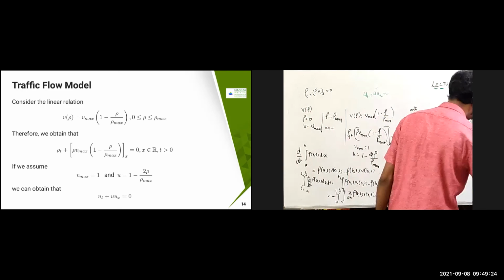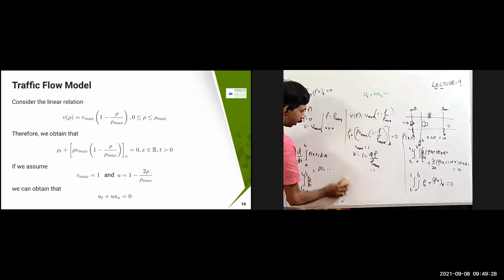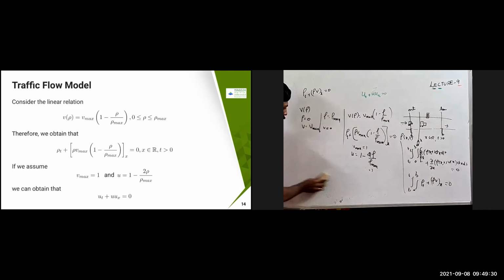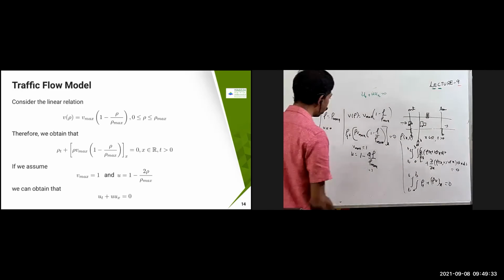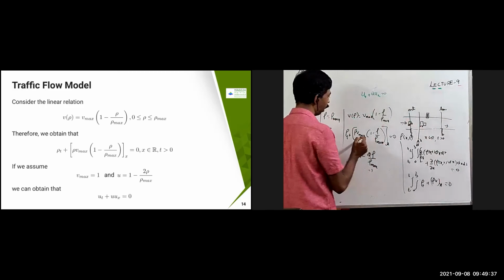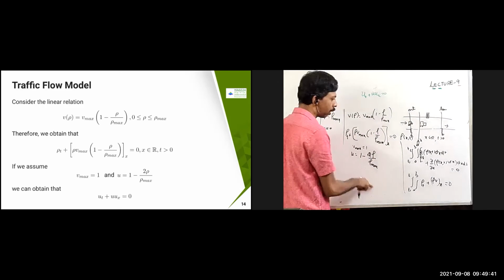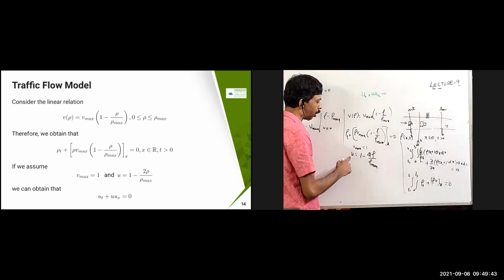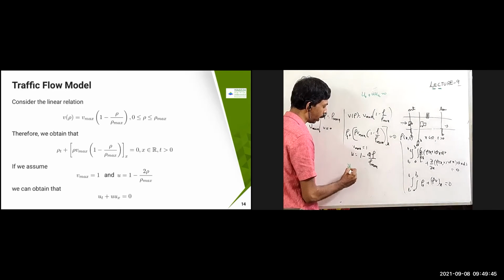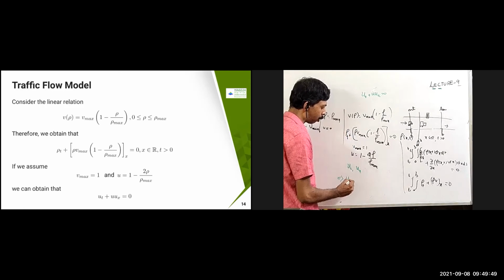Now you calculate UT and rho x times 1 minus rho by rho max, etc. After substituting this, calculate what UT and UX are and substitute over here. Then you will obtain the equation UT plus U UX equal to 0.